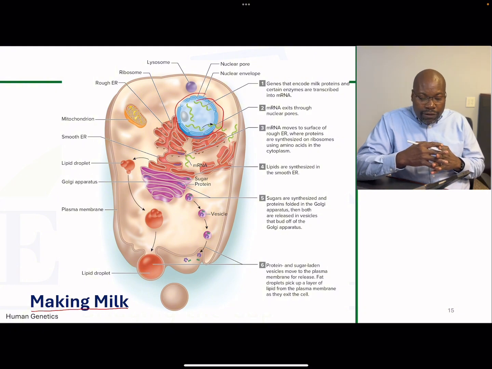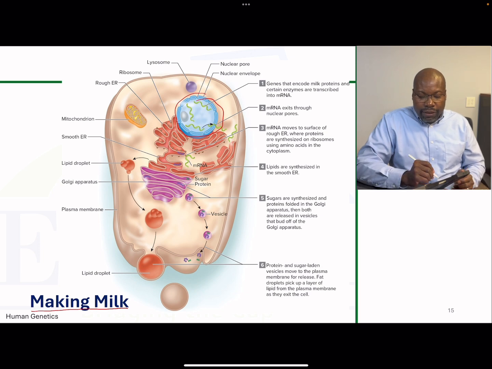Now, these genes, when expressed, are going to end up forming proteins. These proteins are synthesized through the rough endoplasmic reticulum. They're going to be modified in the rough endoplasmic reticulum. And eventually, these proteins are going to be carried toward the outside of the cell. So here we have the rough endoplasmic reticulum.